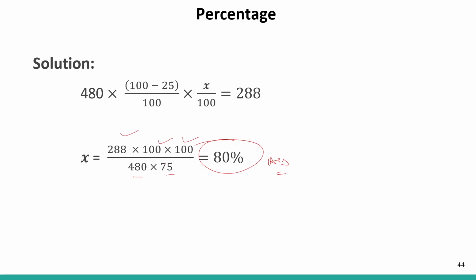Okay, so this is 3, 4. So this will be what? 60, 50, 240, 25, 120. This is 70. No, 9, 93.